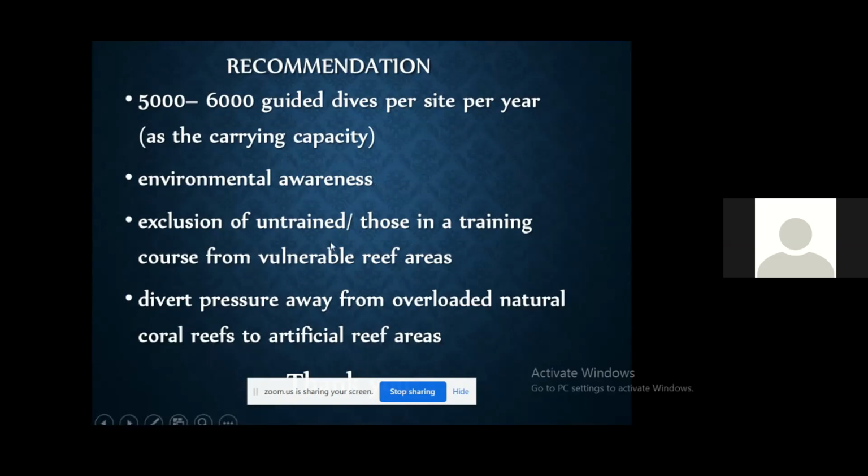Excluding these people from the vulnerable reef areas could help to reduce damage to coral reefs. And also, if it's possible to divert pressure away from overloaded natural coral reefs, probably to artificial areas. All this could help to reduce the damages to coral reef sites. So that's it. It's very short.